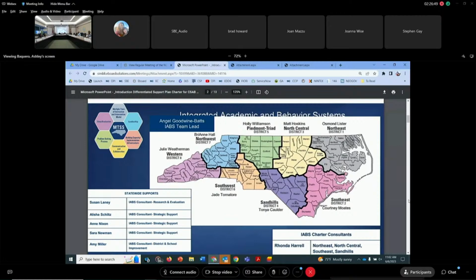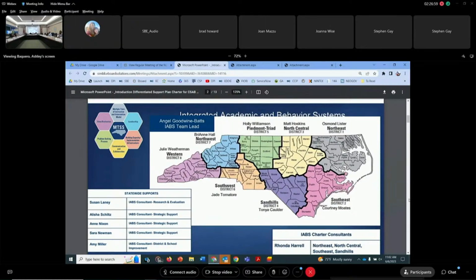Before we begin, I want to introduce the rest of my team who is not with us here today, but I have the privilege and pleasure of leading these leaders in the Integrated Academic and Behavior Systems team that you see represented here on this slide. We have 8 fabulous regional consultants serving every traditional district in the state across the 8 state board education regions. In addition to that, we have 2 to fully support all of our PSUs.